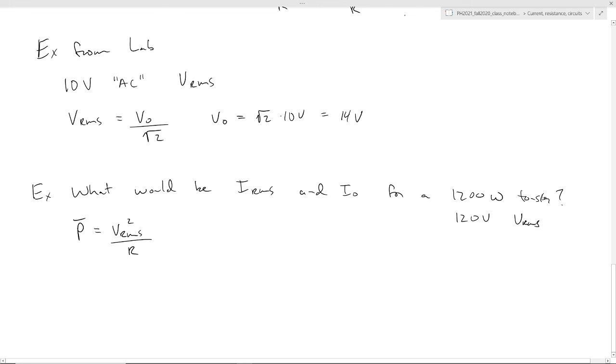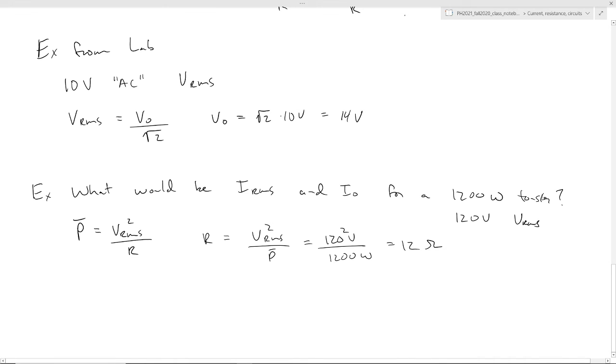So we could solve this. There are different ways we could go about solving this. One way would be to say, okay, let's solve for the resistance, and then if we know the resistance, we could solve for the current. So let's do that first. So the resistance would equal VRMS squared over the power. So this would be 120 volts squared over our 1200 watts. And this would show us that the resistance for the toaster was 12 ohms.